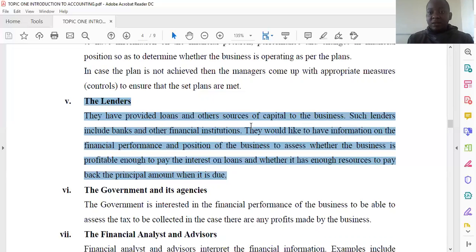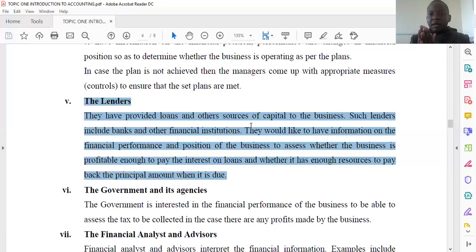So lenders would like to have information on the financial performance and position of the business so as to assess whether the business is profitable enough to pay interest on the loans and whether it has enough resources to pay back the principal amount when it is due. So lenders, like the credit suppliers, advance credit to the business.